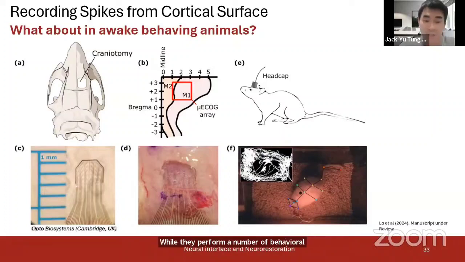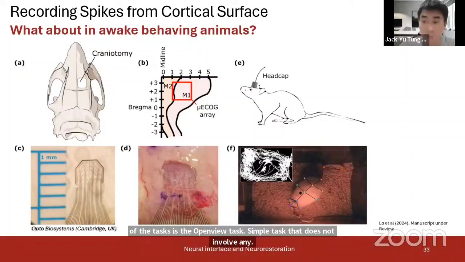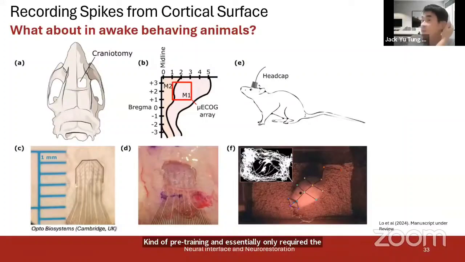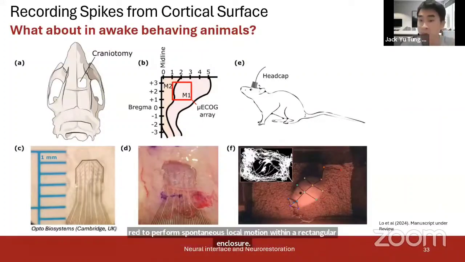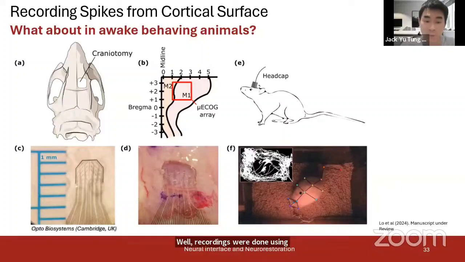One of the tasks is the open field task, a simple task that does not involve any kind of pre-training and essentially only required the rat to perform spontaneous locomotion within a rectangular enclosure while recordings were done using the implanted micro-ECOG array. So movement was video recorded and the movement trajectory was processed with DeepLabCut, an automated computer vision software algorithm.